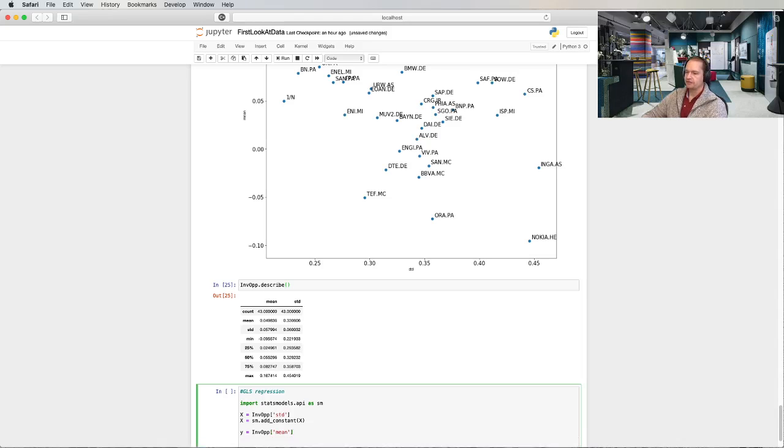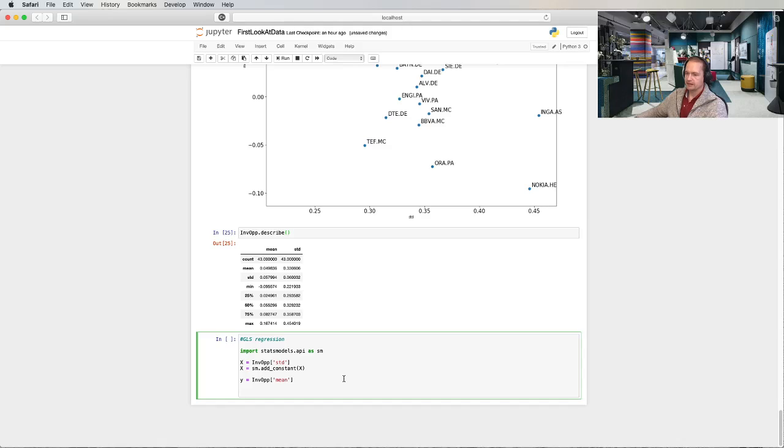Now that's what we have. And now the next thing we need is we are creating an object which I call GLS mu sigma. All right. So we regress mu on the sigma, the mean returns on the sigma. And that will be a statsmodels.GLS(y, x). Okay, now the object is created, and now we just fit that thing.